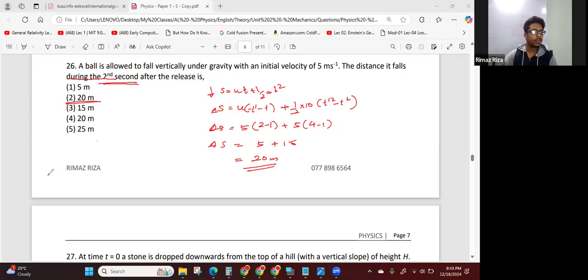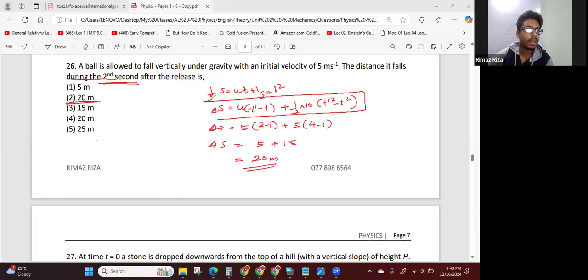So, why did you put t dash minus t? Yes, okay, I'll explain. When you drop the object with some initial velocity downward, how do you find the time?